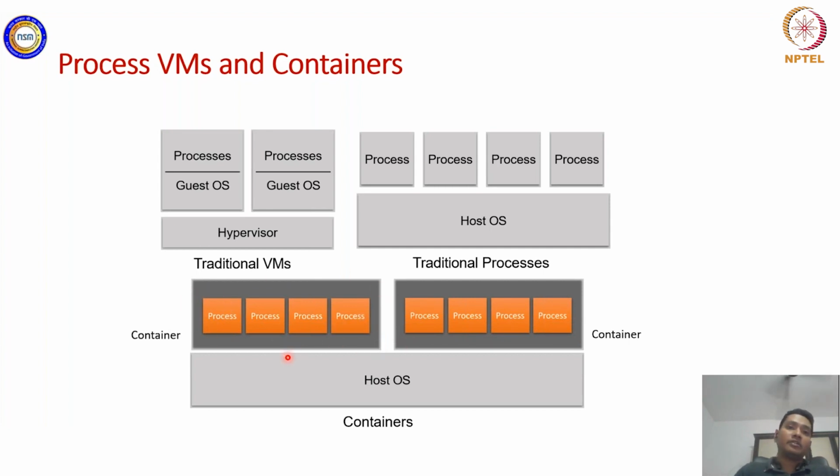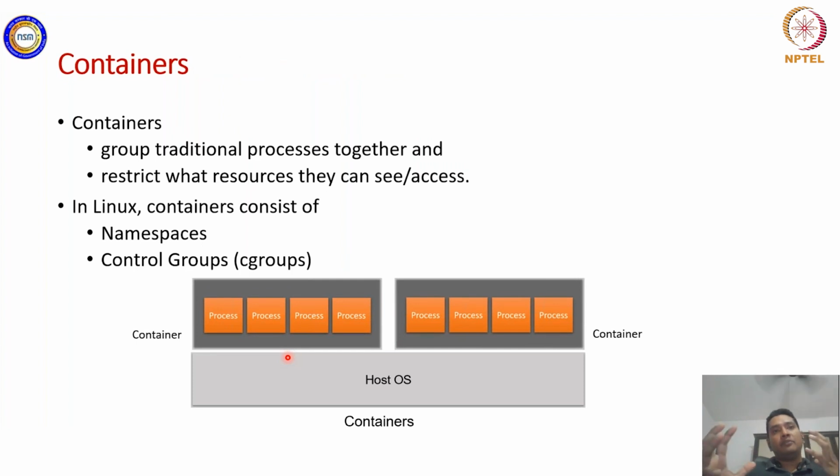This container concept was coined around 2008, when the Linux operating system started using namespaces, because processes share namespaces. If you contain the processes in terms of namespaces and control groups, then you can have isolated execution of one set of processes from another set.